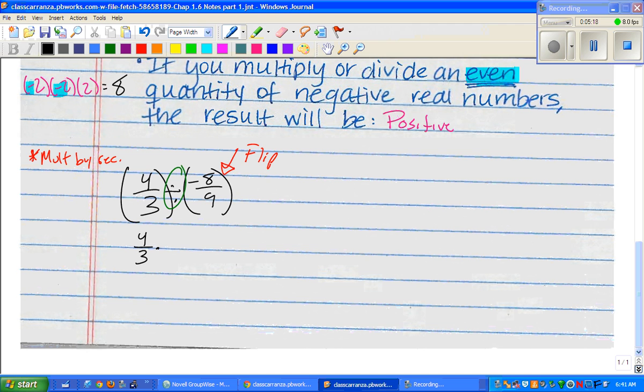So we have 4 over 3, changing that to times 9 over 8, that's a negative 8. We're going to reduce by looking at the kitty corners. 4 goes into 8 2 times, and 3 goes into 9 3 times. So we get negative 3 over 2.